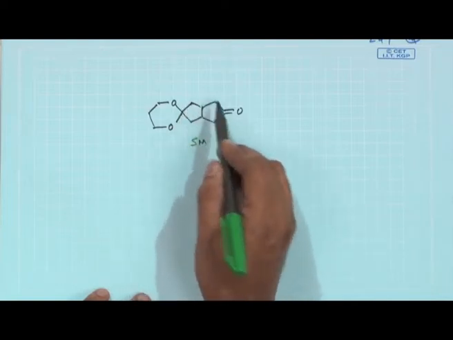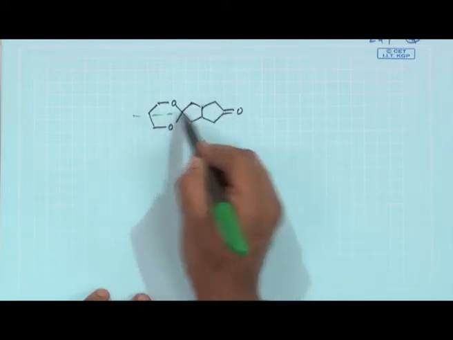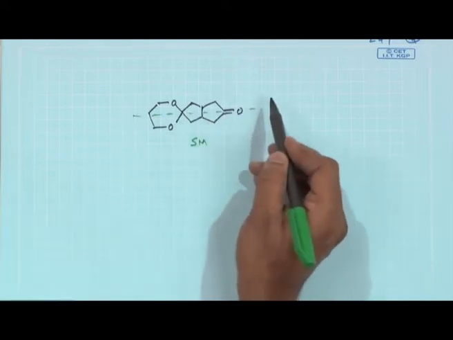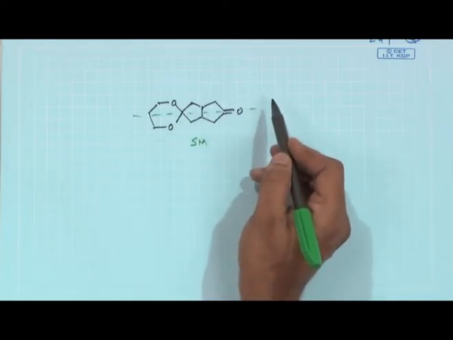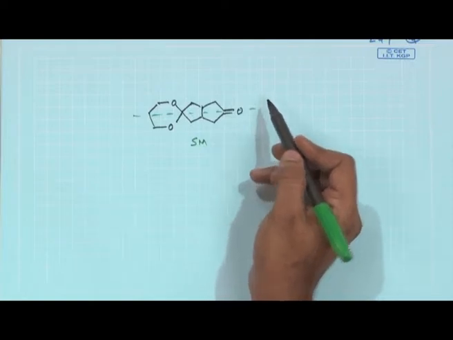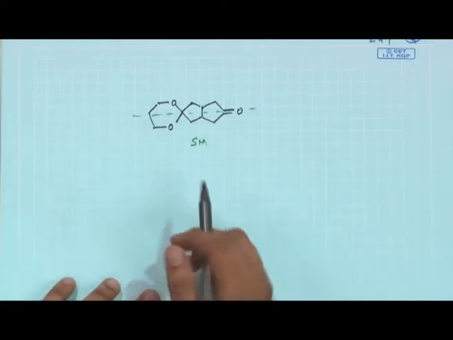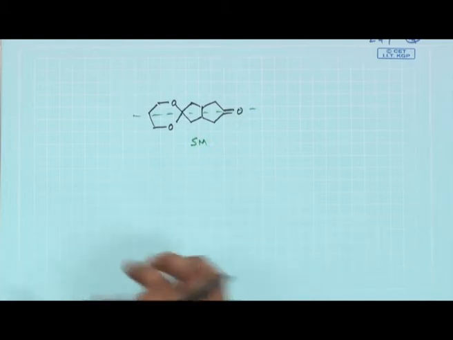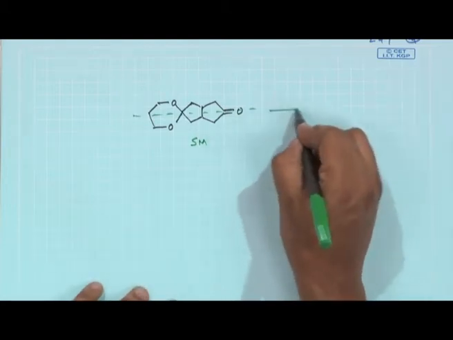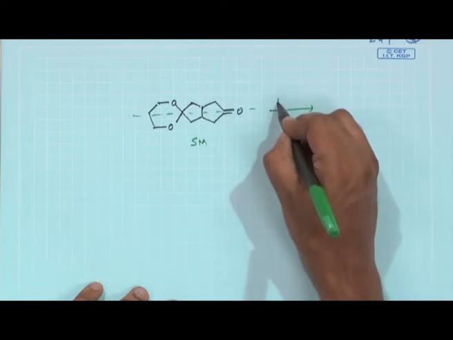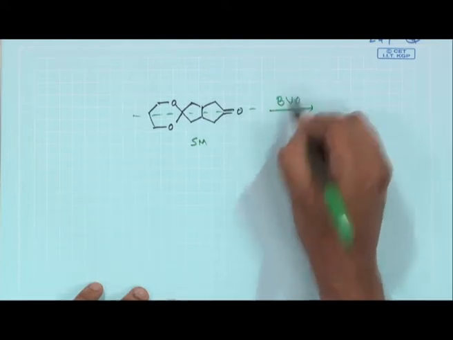Now, this compound is basically a symmetric compound, right. So, what exactly can you think about? In principle, you can think about any transformation which will desymmetrize the molecule. A simple transformation like Baeyer-Villiger oxidation.